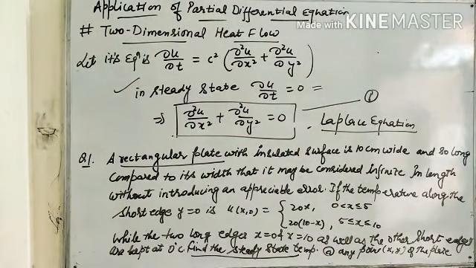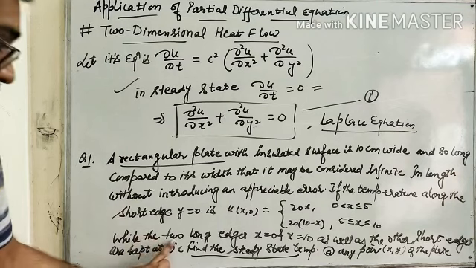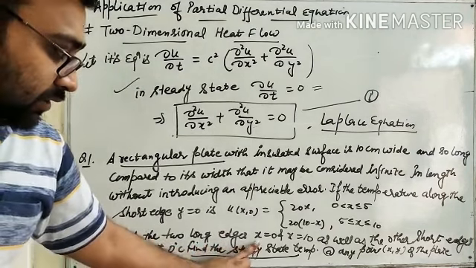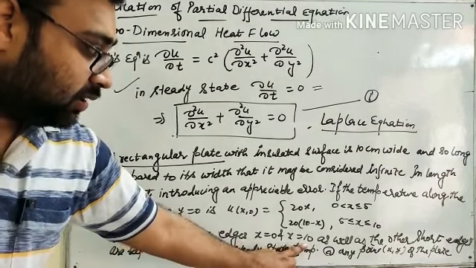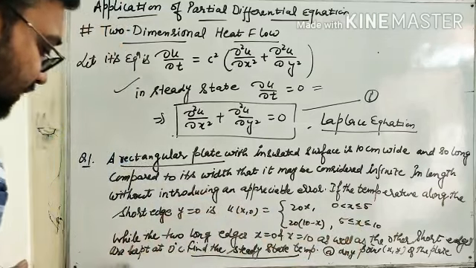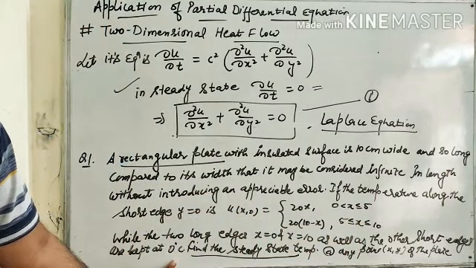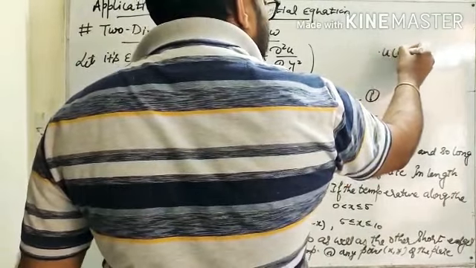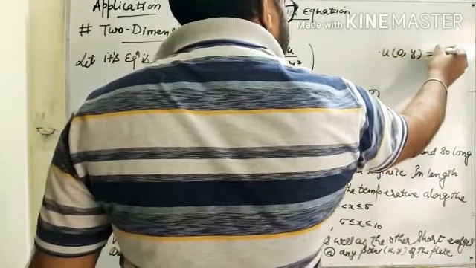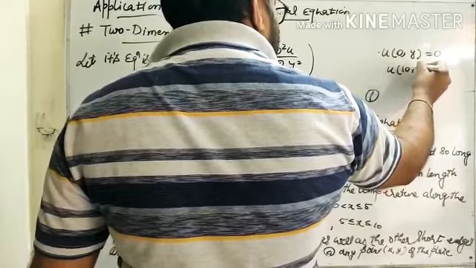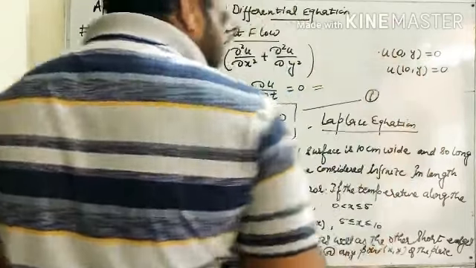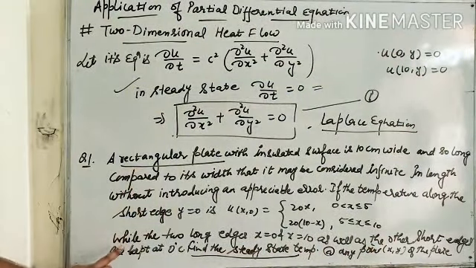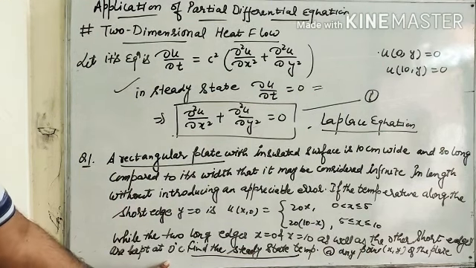Now we have to identify some boundary conditions. Read this particular problem. The two long edges x = 0 and x = 10 as well as the other short edges are kept at 0 degree. That is, the first condition is u(0,y) = 0, u(10,y) = 0 and other short edges are kept at 0.